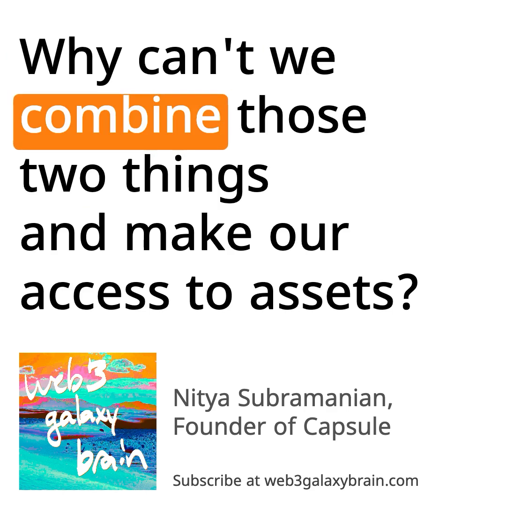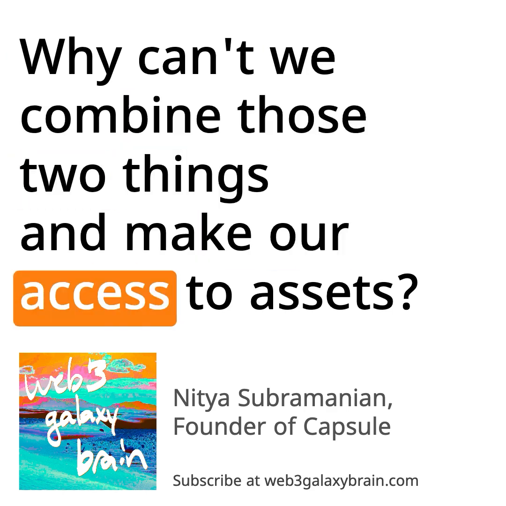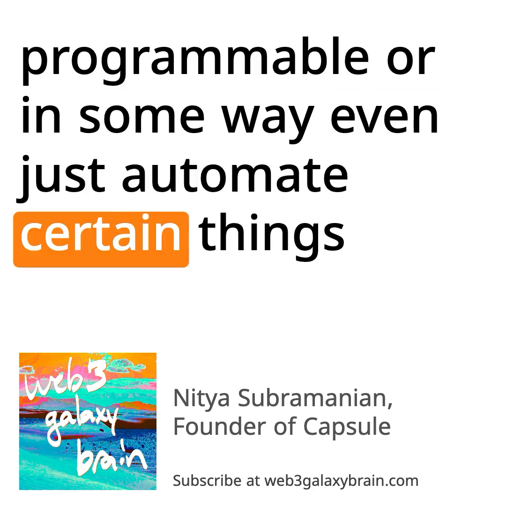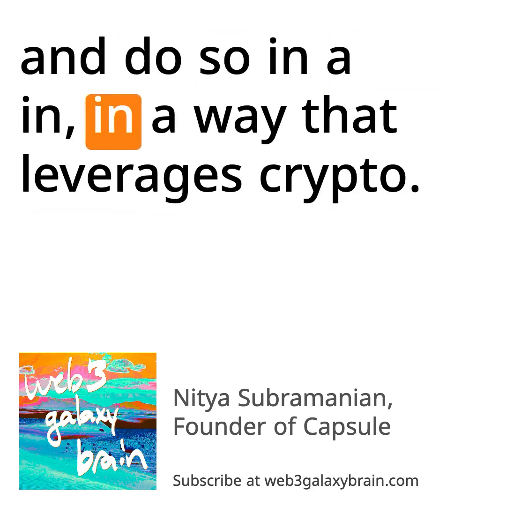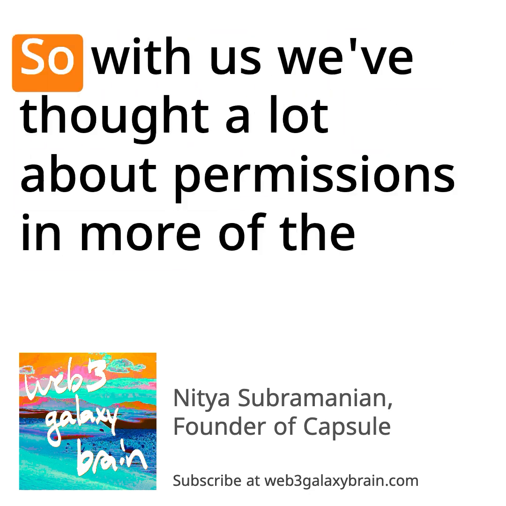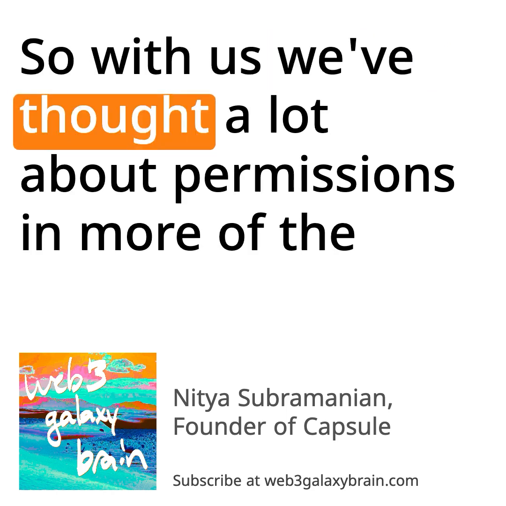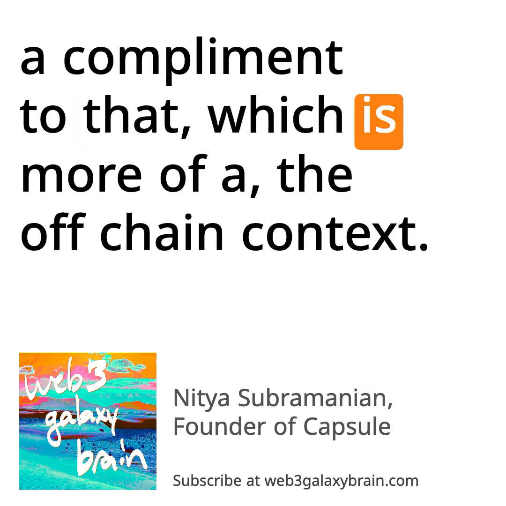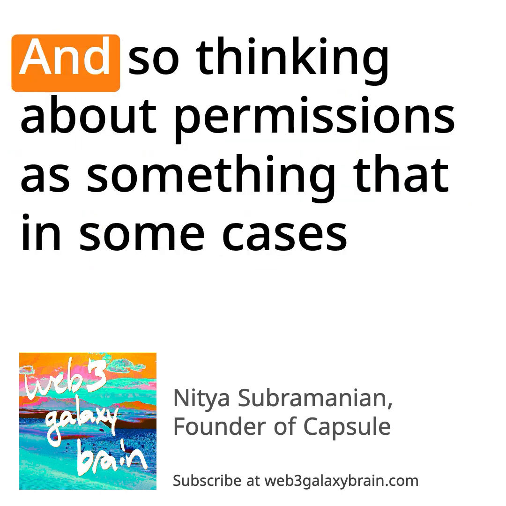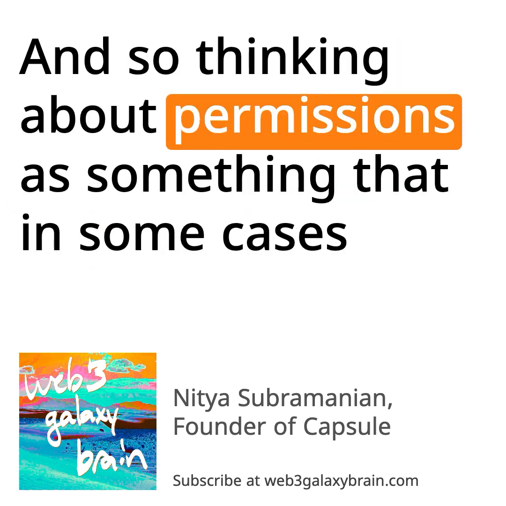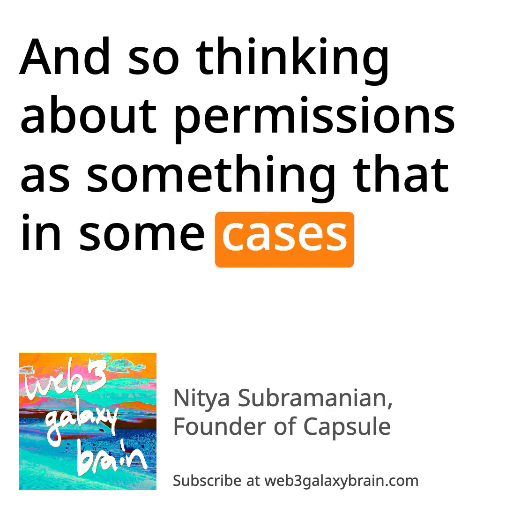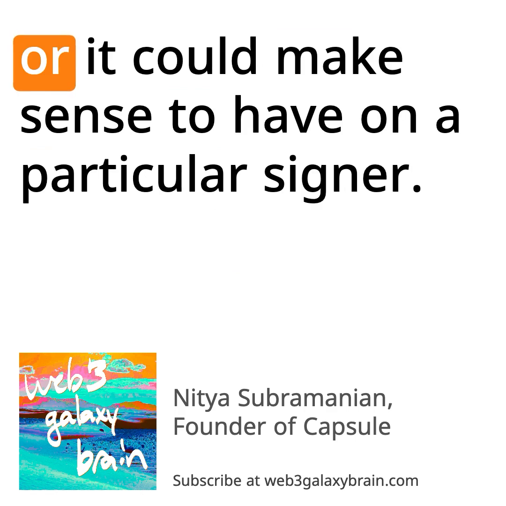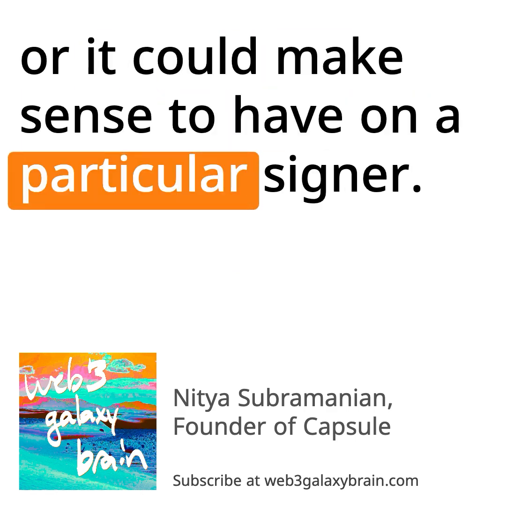Why can't we combine those two things and make our access to assets programmable, or even automate certain things, in a way that leverages crypto? With us, we've thought a lot about permissions as the complement to that, in more of the off-chain context. In some cases it could make sense to have permissions in a smart contract wallet, or it could make sense to have them on a particular signer.